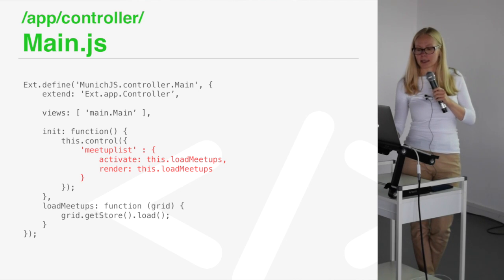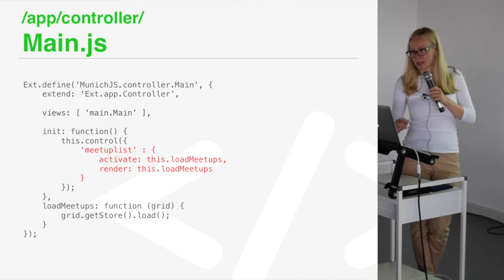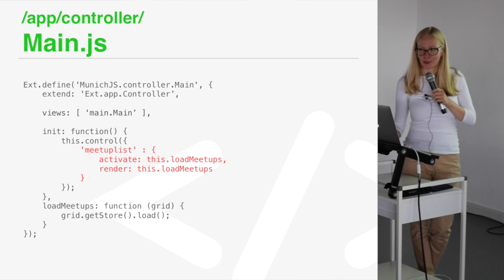Our controller listens to meetup list events, where meetup list is our meetup list Xtype. Unfortunately, the bad thing is that the meetup list from modern and classic views fires different events. So our controller listens to both events and handles them with a loadMeetup function that just loads our store.